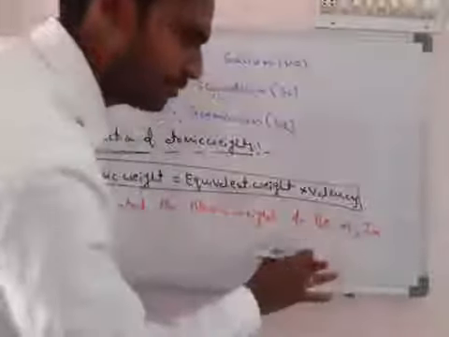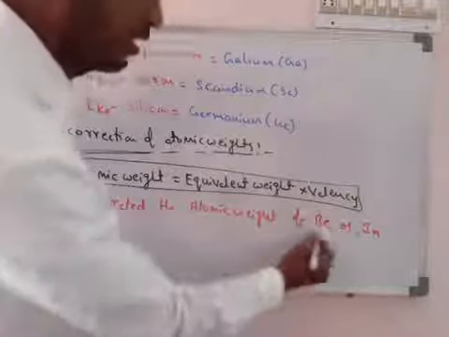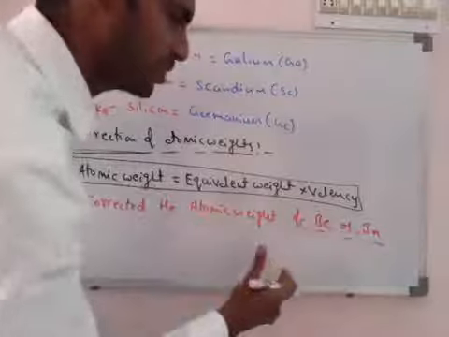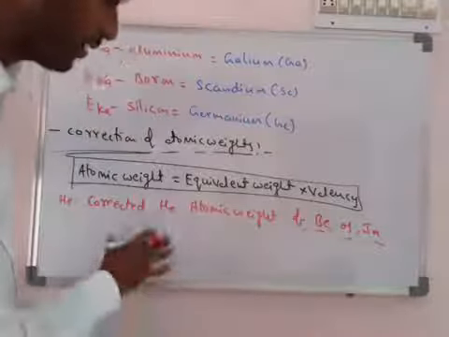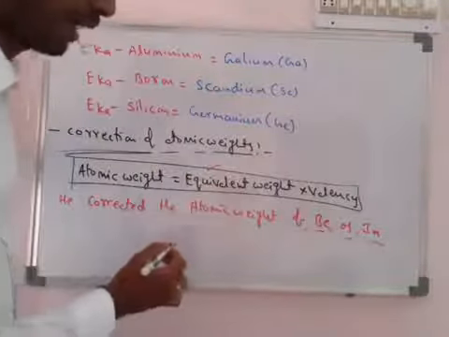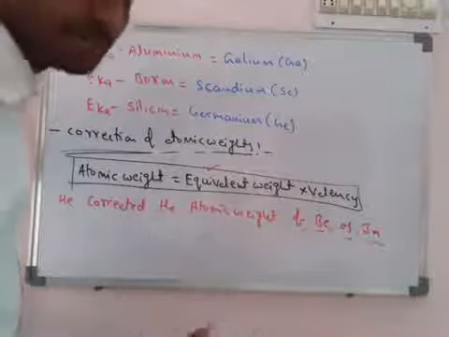Actually they had different values before. These atomic weights were corrected by him with the help of this formula, in the creation of his periodic table.